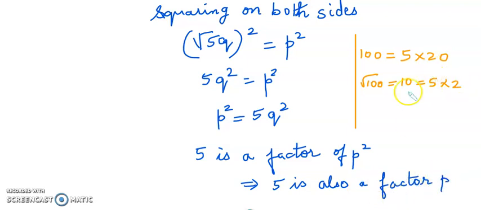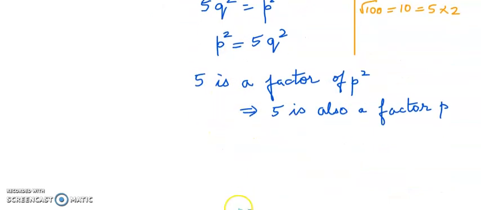Now, important: if you see 100, it's 5 multiplied by 20 and 10 is 5 multiplied by 2. What I mean to explain here is that the number multiplied with 5 in the two cases, 100 and 10, are two different numbers. So we know that p square is 5 multiplied by q square. That means p will be 5 multiplied by some other number. So let's take it as a.